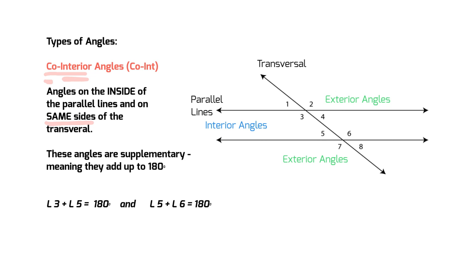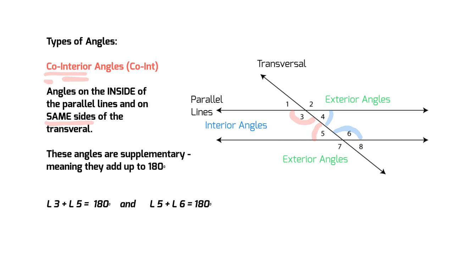So looking on the inside of our tunnel, if I'm focusing in on angle 3, the angle that is on the inside and the same side as the transversal is angle 5. These are co-interior, together on the same side. Same thing with angle 4 and angle 6. They are together on the same side.